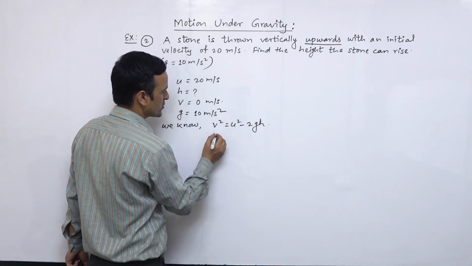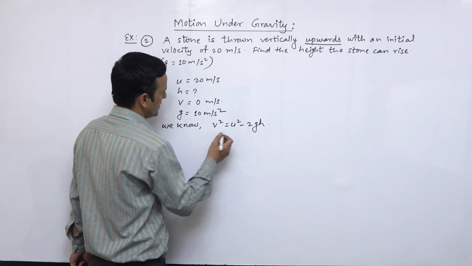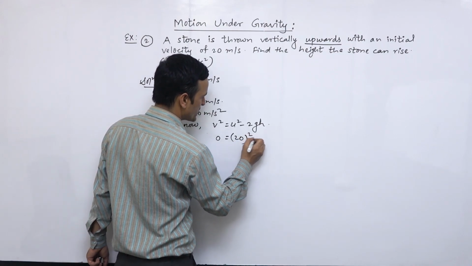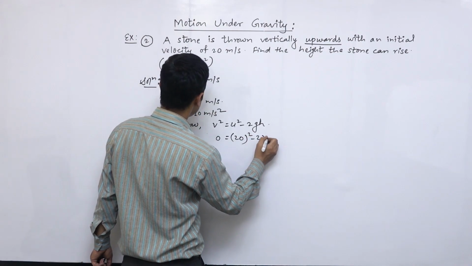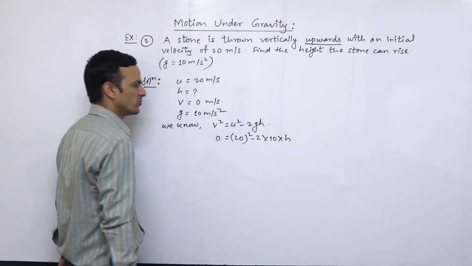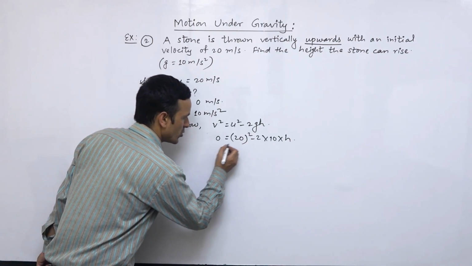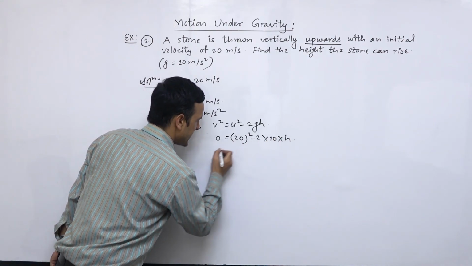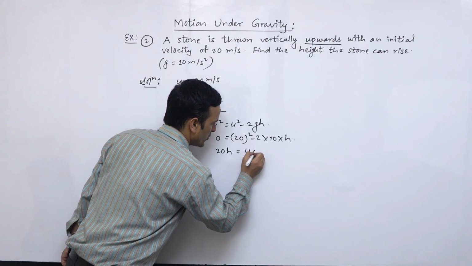So v is equal to 0, u is equal to 20, 20 square, and 2 times g means it is 10, and h is unknown, which we are going to find out. So it will be 20h. 20h is equal to 400.